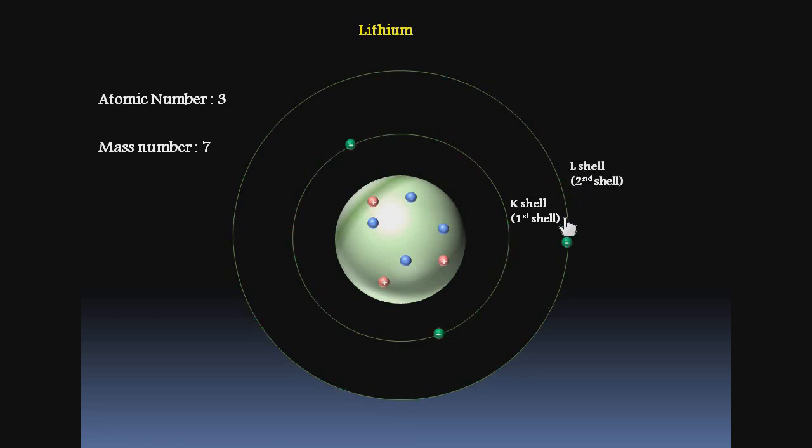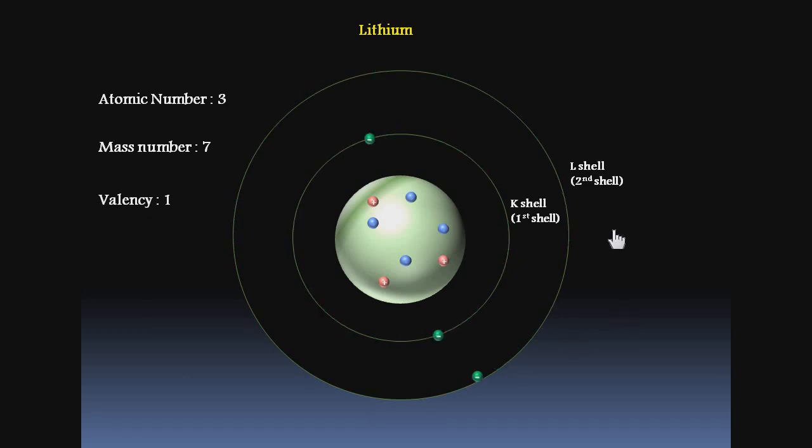Here the outermost shell is L shell, and hence it is the valence shell. In the valence shell we have 1 electron, and hence number of valence electrons is 1. This 1 is less than 4. So which formula we should apply? Valency is equal to number of valence electrons. If number of valence electrons is less than 4, 1 is less than 4, and hence valency is also 1.